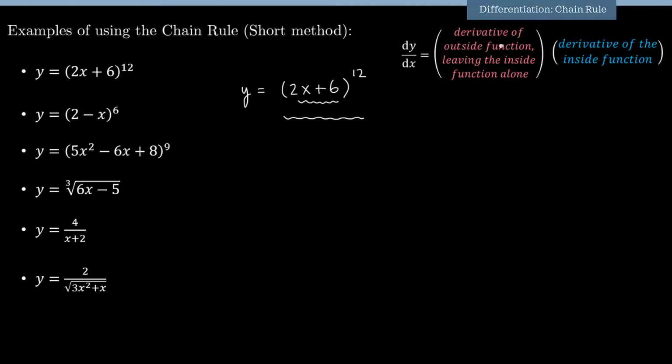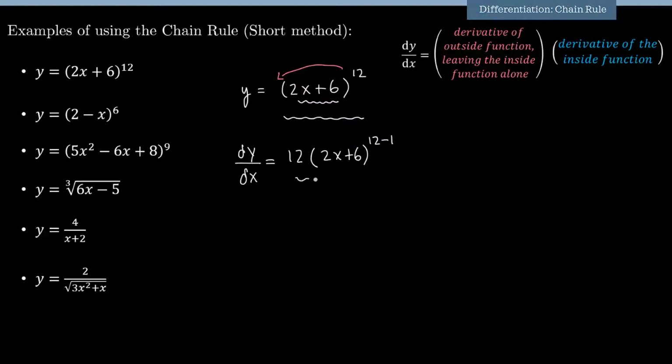First, I need to take the derivative of the outside function, leaving the inside function alone. So to take the derivative of the outside function, I'm going to use the power rule and bring this power 12 down. So dy upon dx would be equal to 12 times the inside function left alone, so (2x plus 6) as it is, and the power 12 gets reduced by 1.